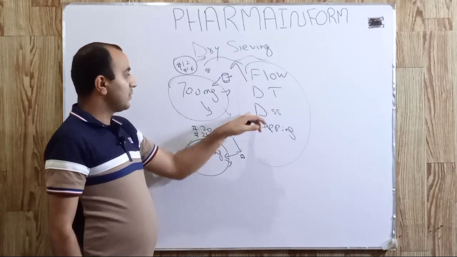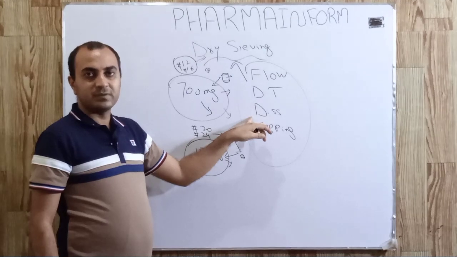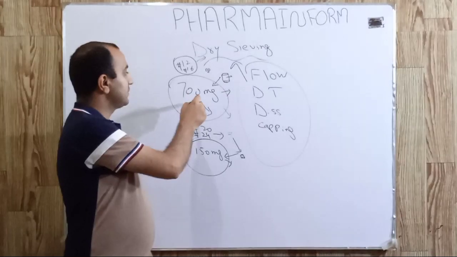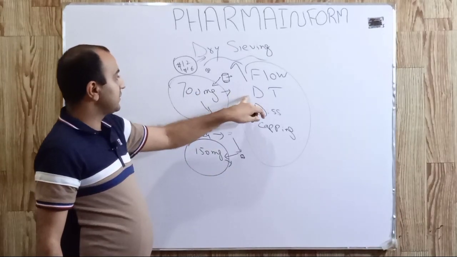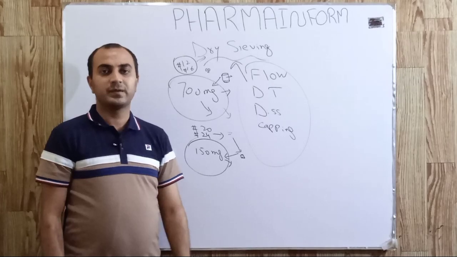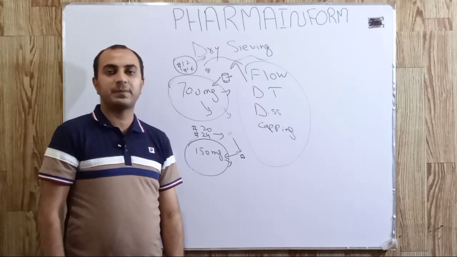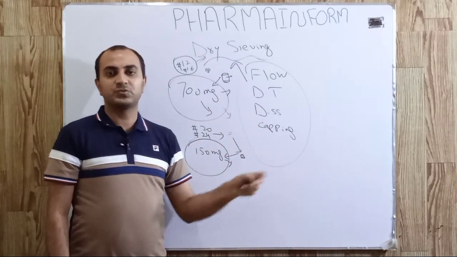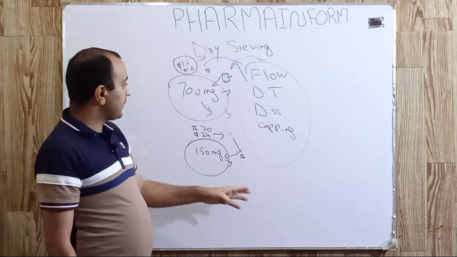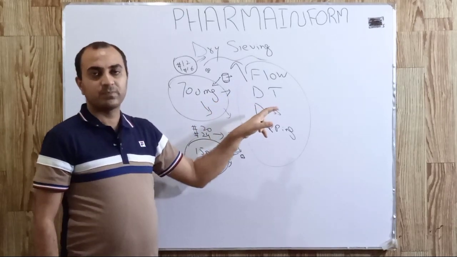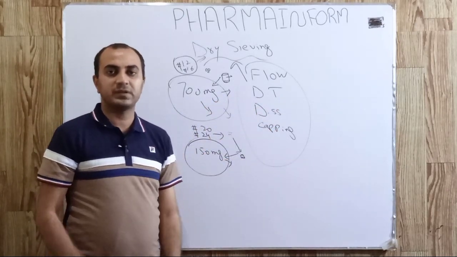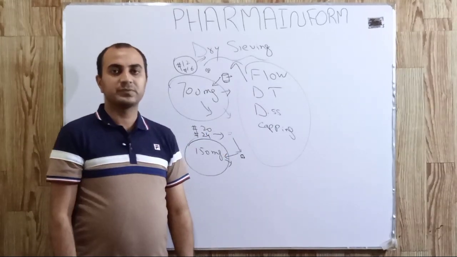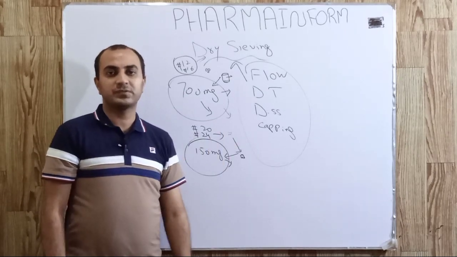Small size granules dissolve rapidly and disintegration time is low, so sieve selection is also dependent on the results of our compressed tablets, like disintegration time and dissolution profile. If our dissolution profile with large size granules is very low or very poor, we can use small size granules for those products.